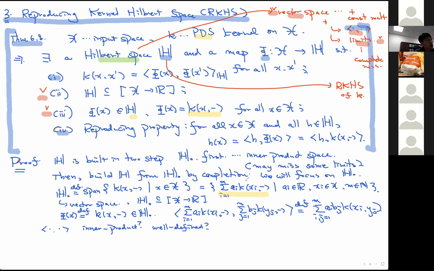That means we may have inputs of this form but with a different representation of the same function, by the sum over i from 1 through m prime of a_i prime k(x_i prime, ·). The formulas are different, but the function they define may be the same.